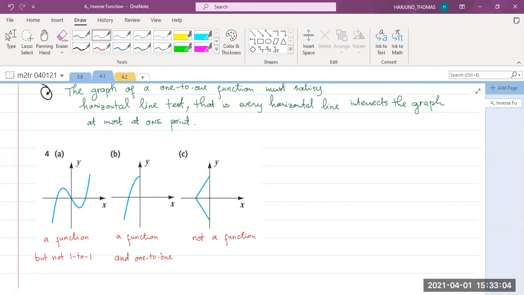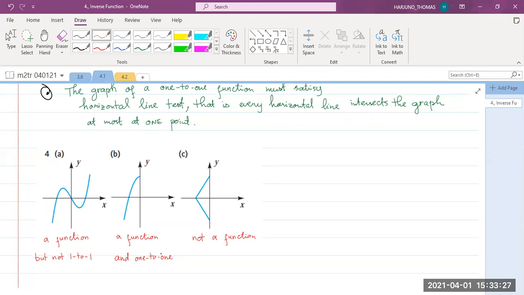So we can say that an equation is a one-to-one function if the graph satisfies both the horizontal and vertical line tests. Like part B, it satisfies both vertical and horizontal line tests. Part A only satisfies the vertical line test, not the horizontal line test.